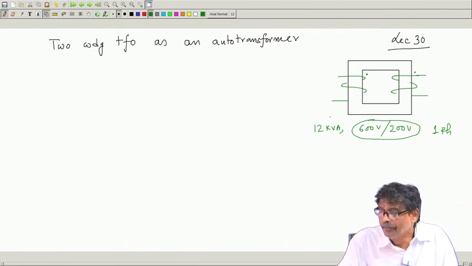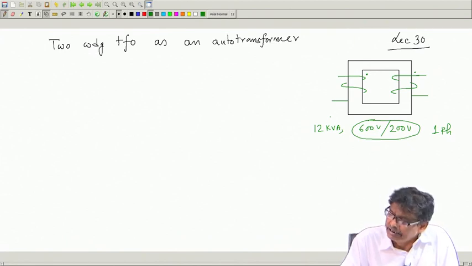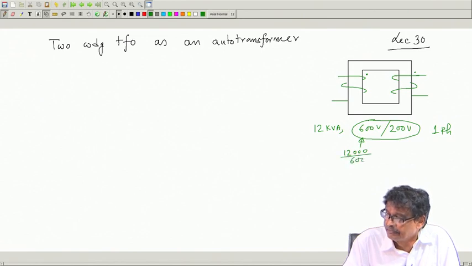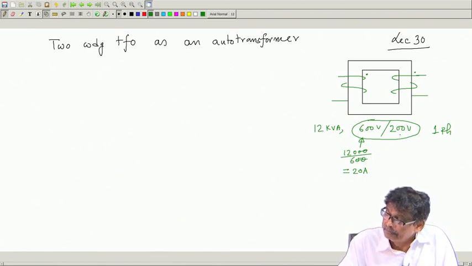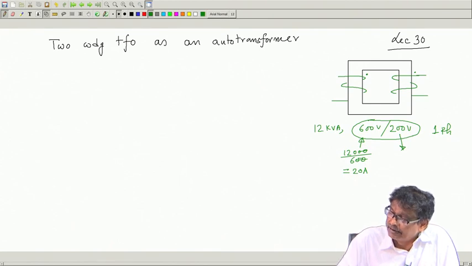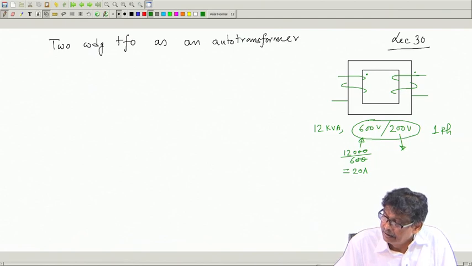What I told you, the moment this data is with you, you should immediately calculate the rated current of this side, which will be 12,000 divided by 600, is not? That is 20 ampere. And this side, the low voltage side, the current will be more.